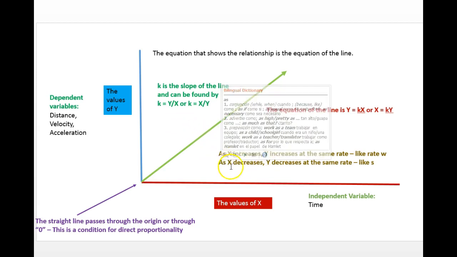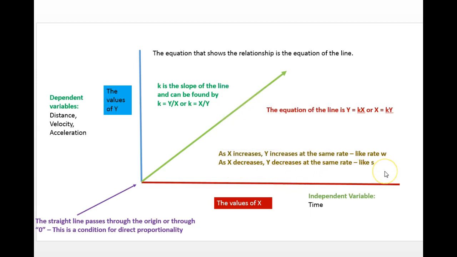In this case, we have a proportionality. Therefore, as x increases, y increases at the same rate. For example, that rate could be w. And as x decreases, y decreases at the same rate. For example, that rate could be called s.